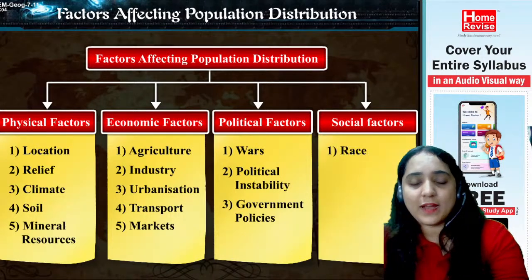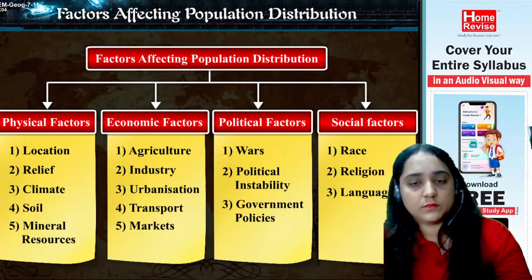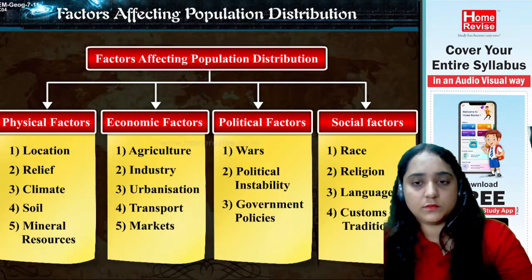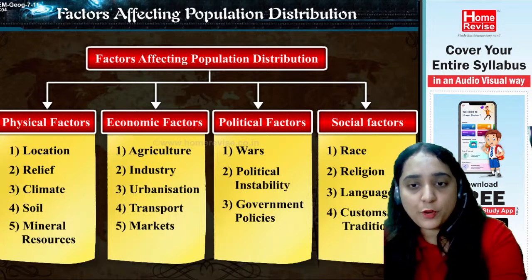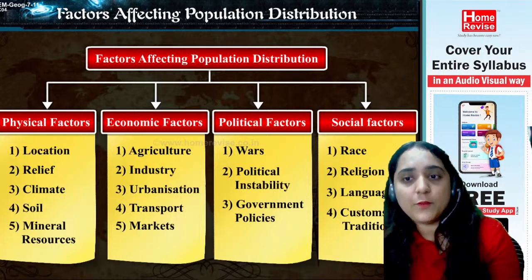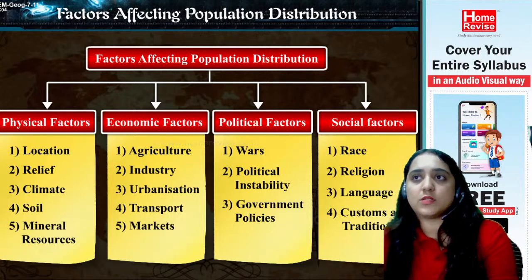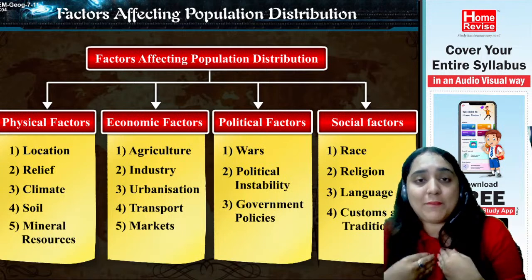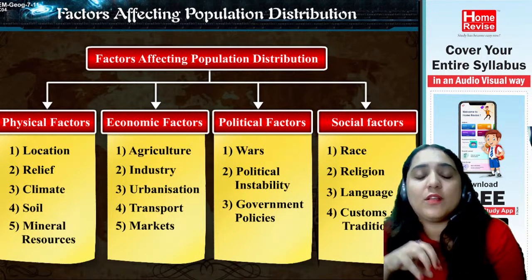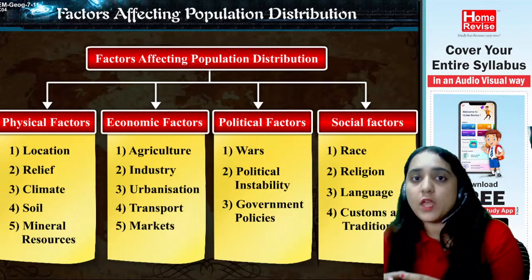Now let's talk about the social factors. 1. Race. 2. Religion. 3. Language. 4. Customs and tradition. So social factors also play an important role. Majority of what we do, we like to stay with our own crowd of people. Like if I talk about Maharashtra, in Mumbai city it is for all, it is not the same thing, but what people prefer is to stay with a particular race, a particular religion, a particular language, a particular group of traditional people.